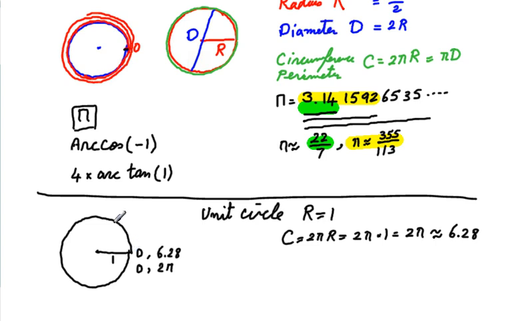So what if I go half circle? I come here. If the whole thing is 2 pi, what's half of it? That's going to be pi. So that's pi. What if I decide to go a quarter of the distance? So this racetrack or whatever it is, if I go from here and just stop at that location, how far have I traveled? If the whole thing is 2 pi and this is pi, this is going to be what? Pi over 2.